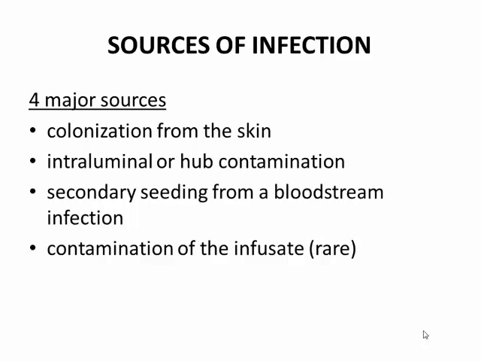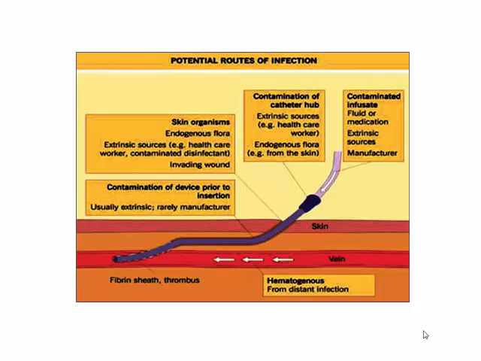So, 4 major sources of infection. Colonization is number 1, colonization from the skin. Then intraluminal or hub contamination, when they're seeding from a bloodstream infection, or rarely contamination of the actual infusate. This picture should better explain it.